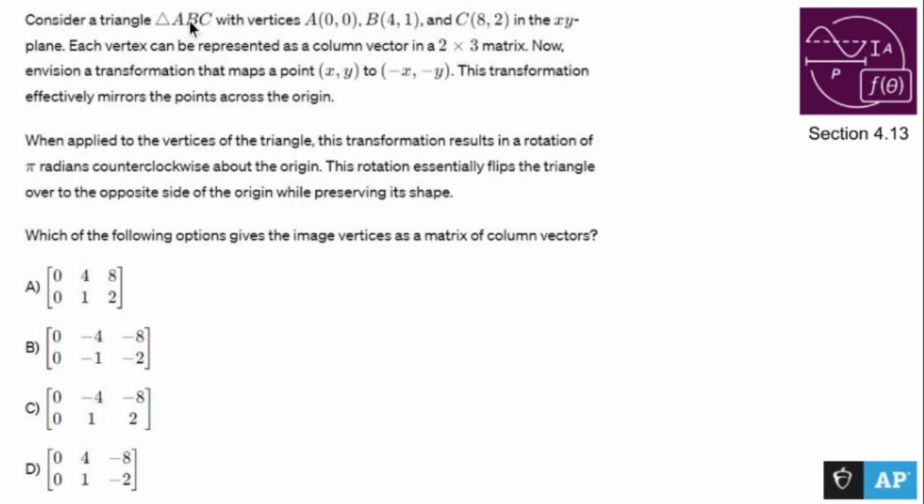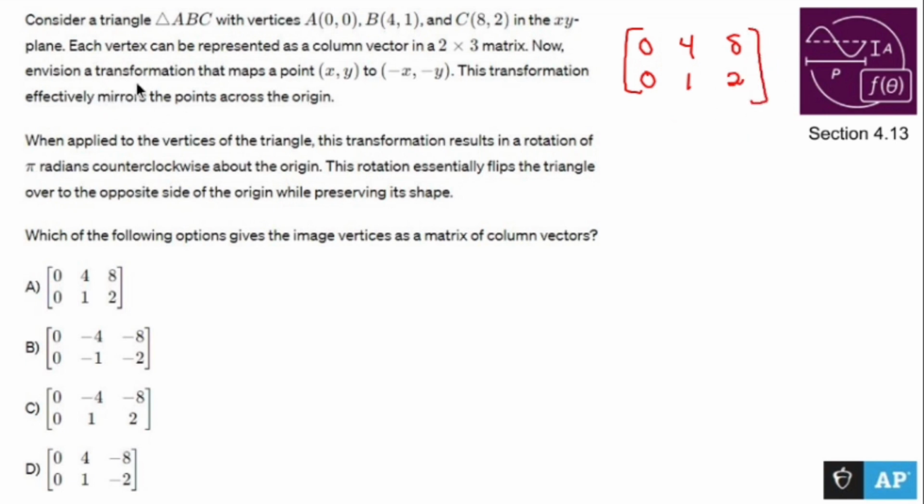Consider a triangle ABC with vertices 0, 0, 4, 1, and 8, 2 in the xy plane. Each vertex can be represented as a column vector in a 2 by 3 matrix. So if I wanted to, I can write that out right now as 0, 0, 4, 1, 8, 2.